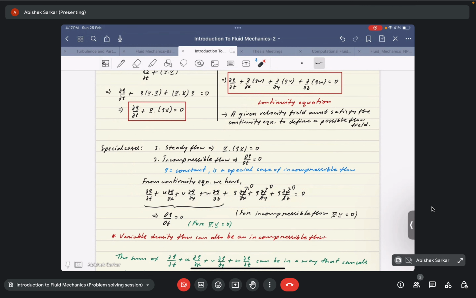This operator is trying to express the convective contribution of the flow to the particular change in the flow parameter, and it can be considered for any flow parameter.